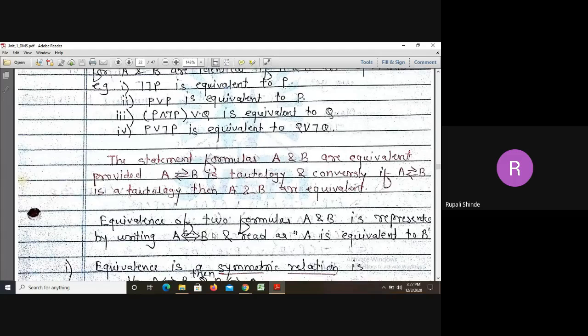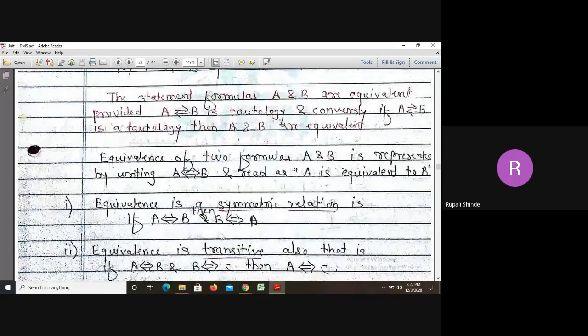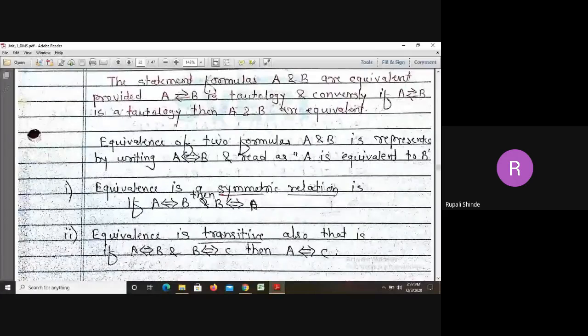This is an equivalence, and it satisfies some properties. First property is the symmetric property. What is the meaning of the symmetric property? If A is equivalent to B, then B is equivalent to A. Second one is the transitive property.